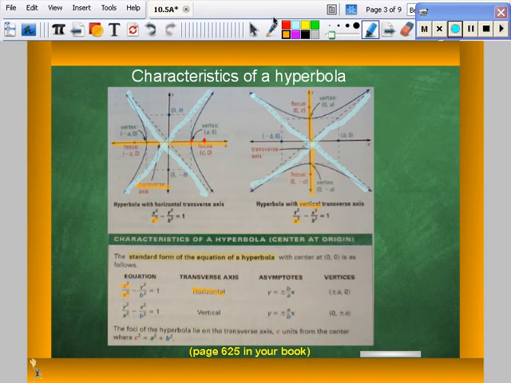In a vertical, you're going to have your a squared under the y value. So a squared under the y value is going to be vertical. We have asymptotes, b over a for horizontals, a over b for verticals. No need to memorize that. We're going to find a way to do that so we don't have to memorize. Okay, let's get started with our first example.